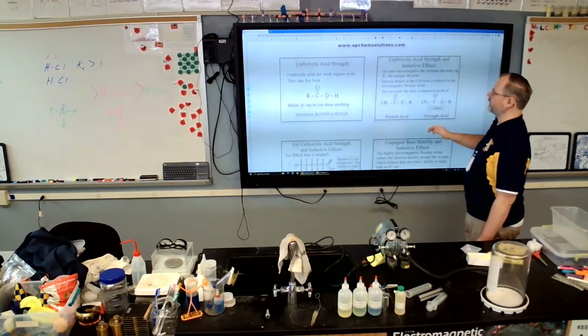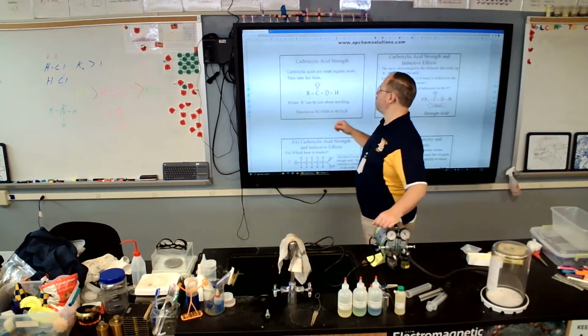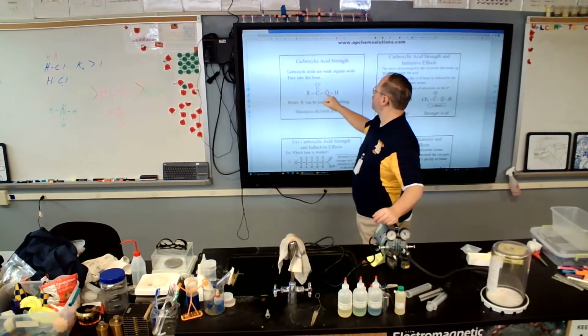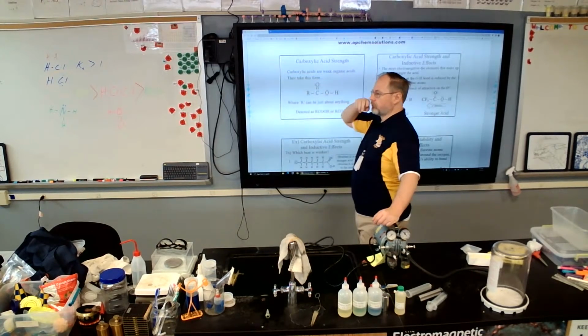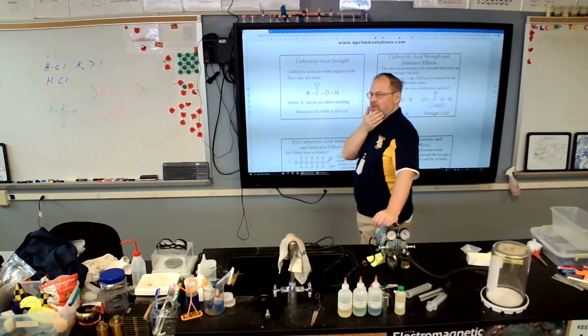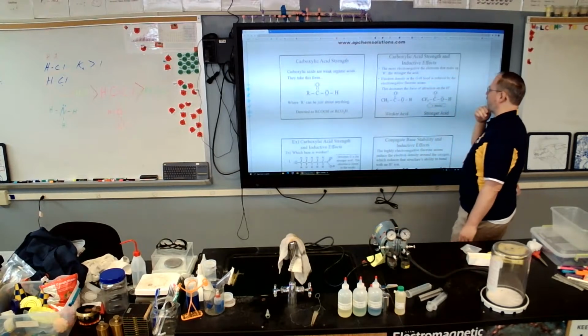Okay, carboxylic acids are special organic acids, and the carboxyl group is a C double bonded to an O and bound to an OH here. Benzoic acid, anything that ends in oic acid is a carboxylic acid. They work pretty much the same way.